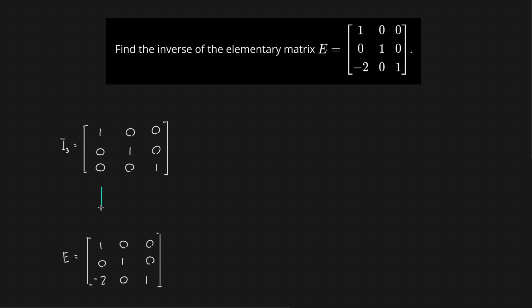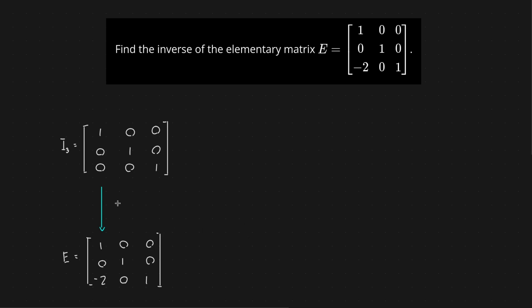Okay, so to get from my identity matrix to my elementary matrix, what elementary row operation must I do? Remember, an elementary matrix is just what you get when you apply one elementary row operation to the identity matrix. So if this is truly an elementary matrix, there is exactly one elementary row operation we can do here to get from the identity matrix to my elementary matrix here.